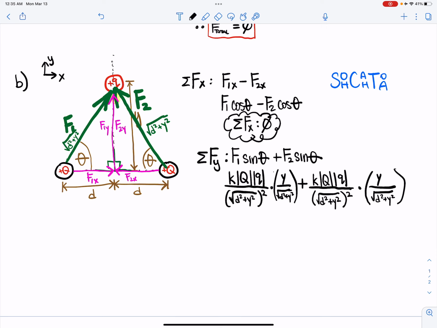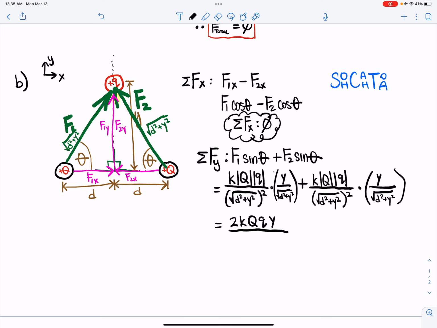So now if I add those two together, that is equal to 2k capital Q little q y divided by, that would be 2 over 2 plus 1/2.